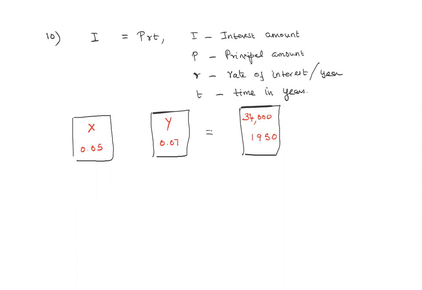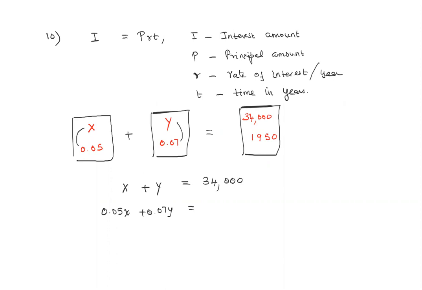So now we are going to add these two. So the first equation is x plus y equals 34,000. And the second one, you have to multiply this, sorry, we don't have to multiply for the interest.